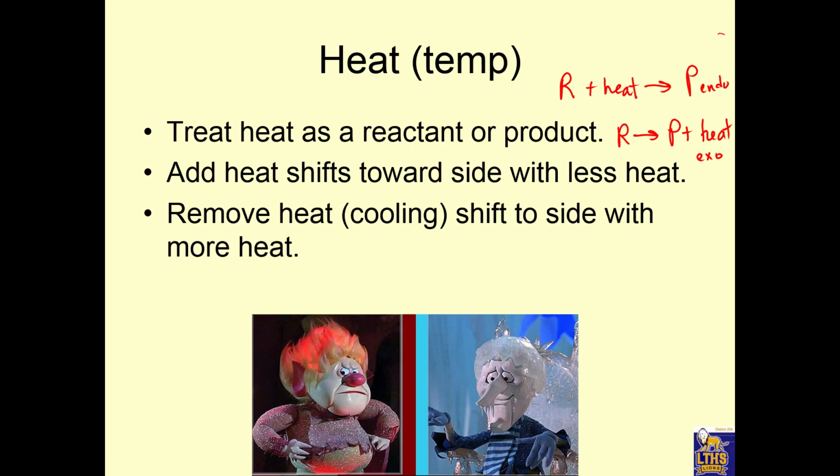So if we have this reaction in equilibrium and we add more heat, it's going to stress out this side and shift away. Here, if we add more heat, it's going to stress out this side and shift away. So it's like adding or removing a substance, except that substance is going to be heat.